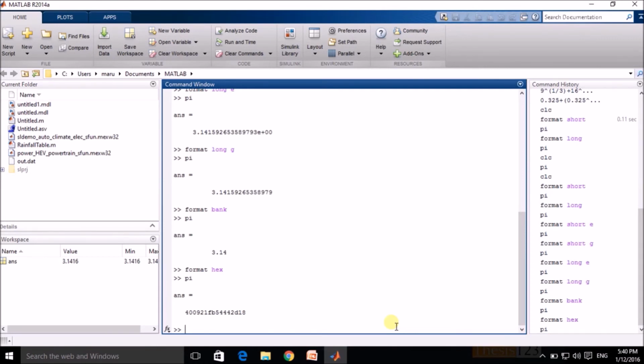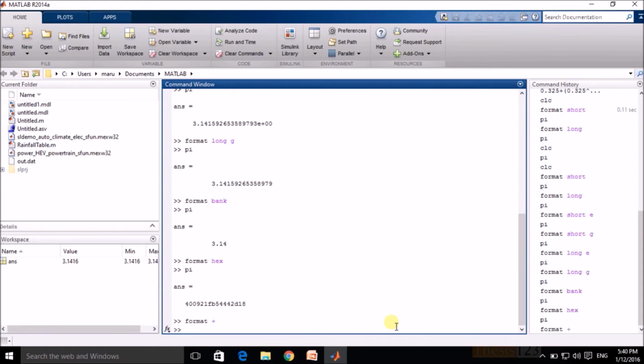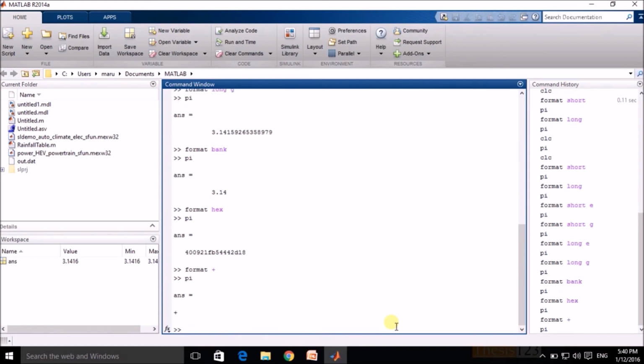And one more thing here, using format plus. Here the pi value is displayed as plus, that is, positive, negative or 0 numbers can be displayed, whereas for the pi value we get plus, right?